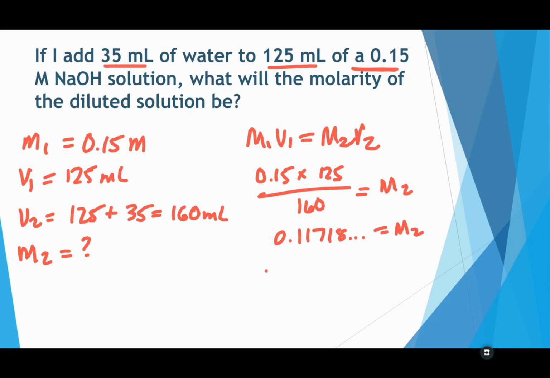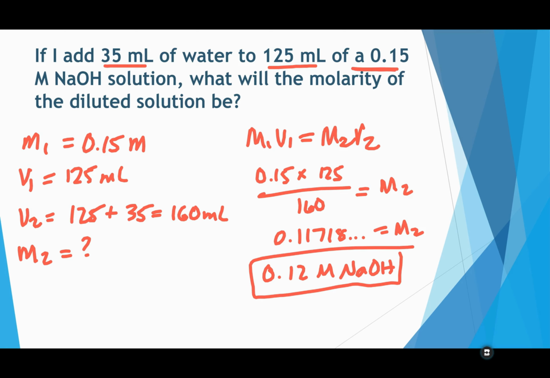So my second molarity would be 0.12 molar NaOH. NaOH is easy to use, but it can be different acids or different bases, etc.